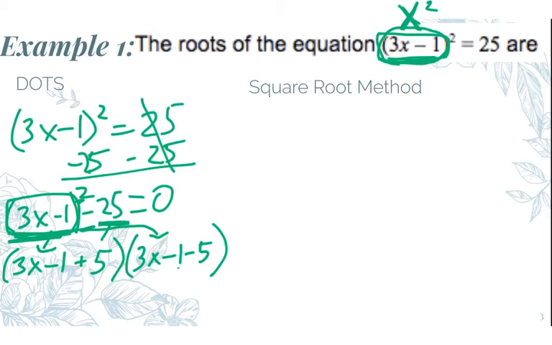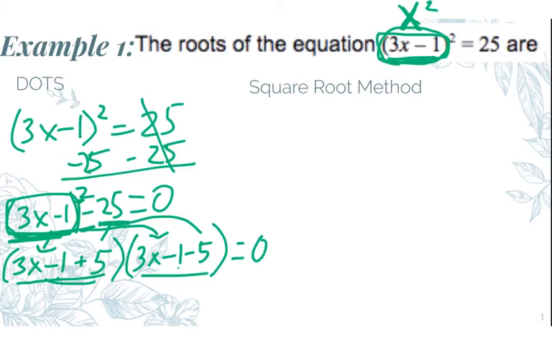And 5 times negative 5 gives me negative 25. All right, equals 0. So I can now set each of these terms equal to 0, and I'm going to run out of room. So let's just do it, and then I'll erase it.